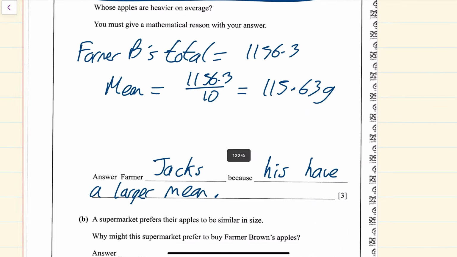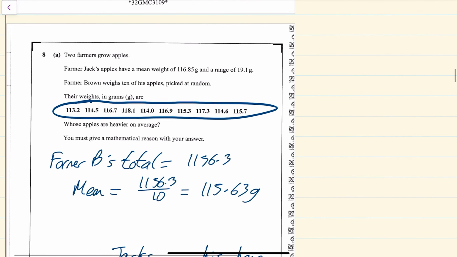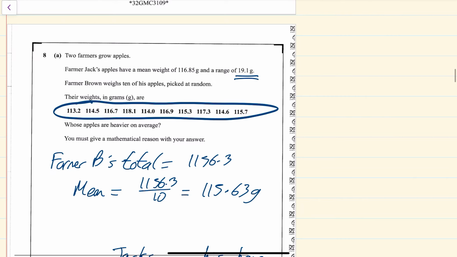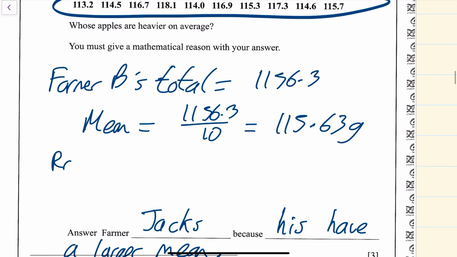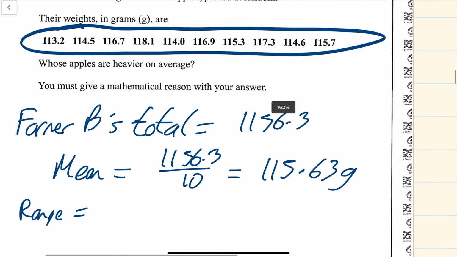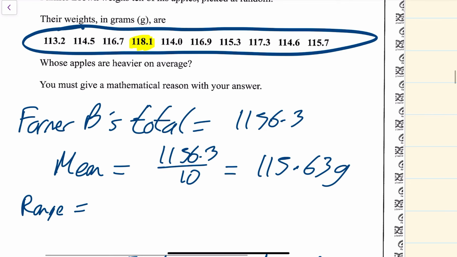It says a supermarket prefers their apples to be a similar size. Why might the supermarket prefer to buy Farmer Brown's apples? The range of Farmer Jack's is 19.1. Let's look at the range of Farmer Brown's. The biggest is 118.1, I think, and the smallest is 113.2.